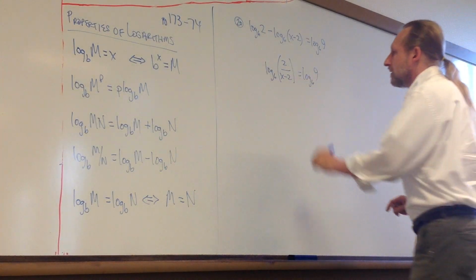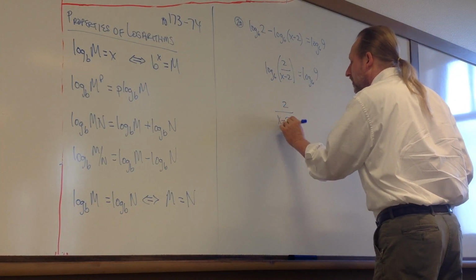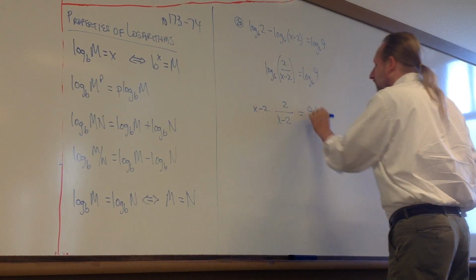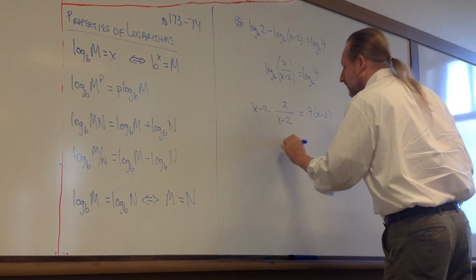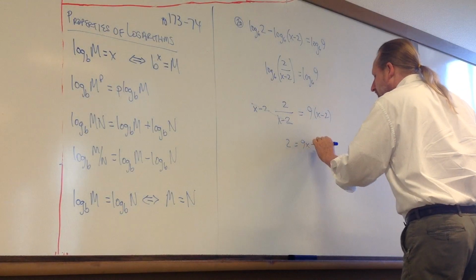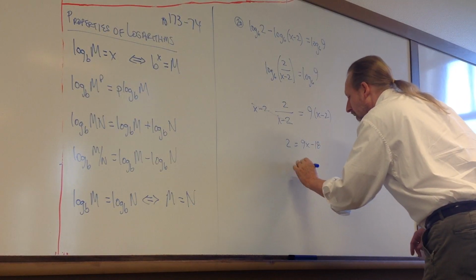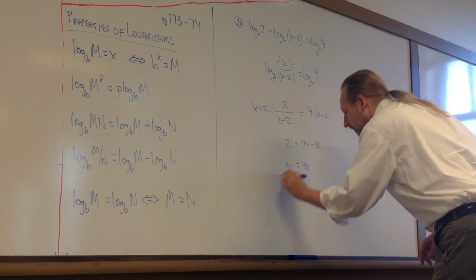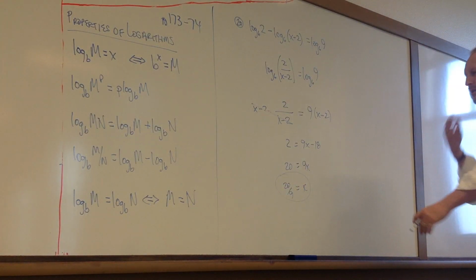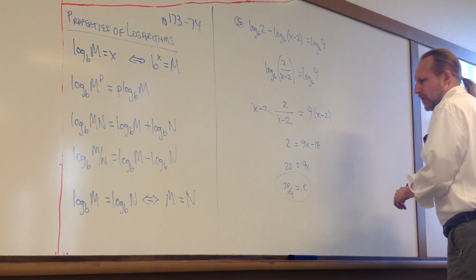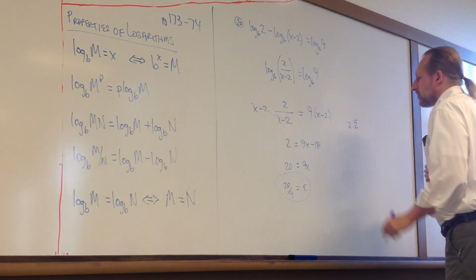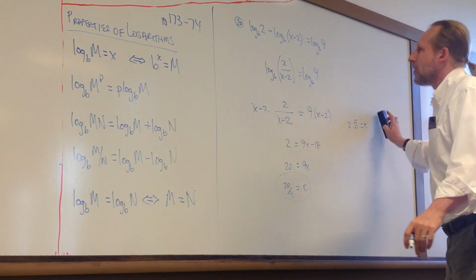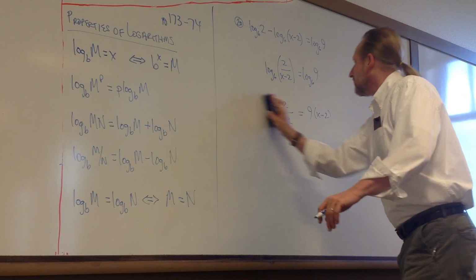Then we pull these out, set them equal to each other. 2 over x minus 2 equals 9. Multiply on both sides by x minus 2. So 2 is 9x minus 18. 9x is 20, and x is 20 over 9. If you don't like fractions, you can call this 2.2 repeating. That's also fine.